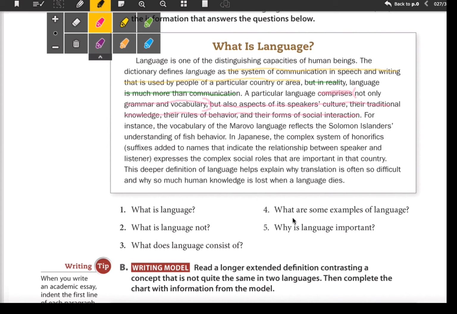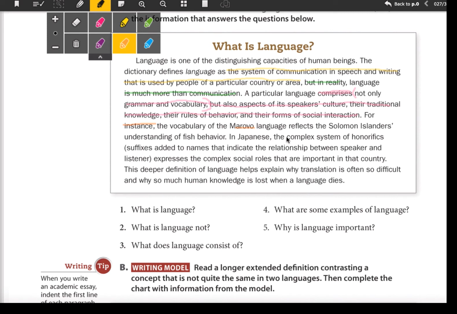Now down to 4, what are some examples of language? Well, how do we find that? Well, we can find that down here. For instance just means for example, right? It's the same way of saying for example. So they gave the Moravo language as an example, and they said, how does Moravo understand fish behavior?